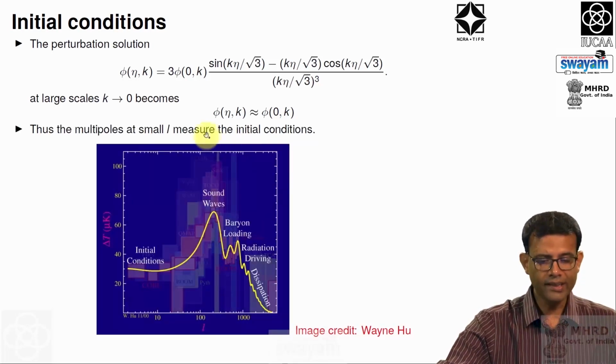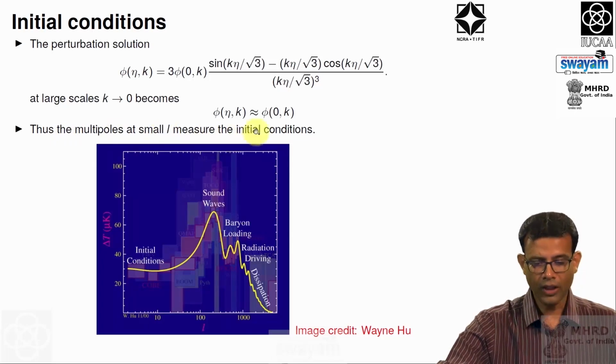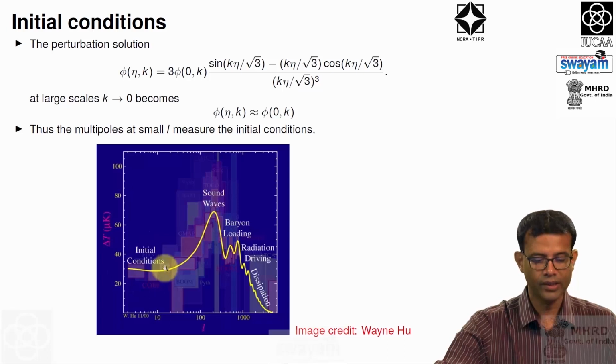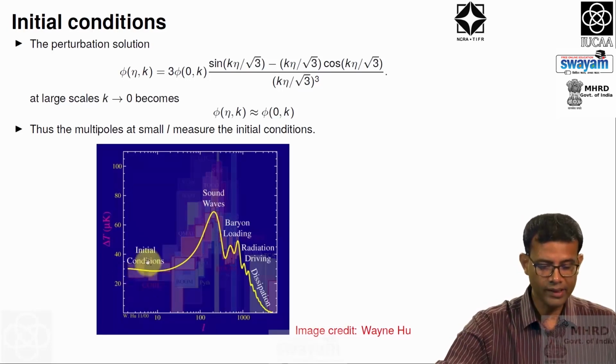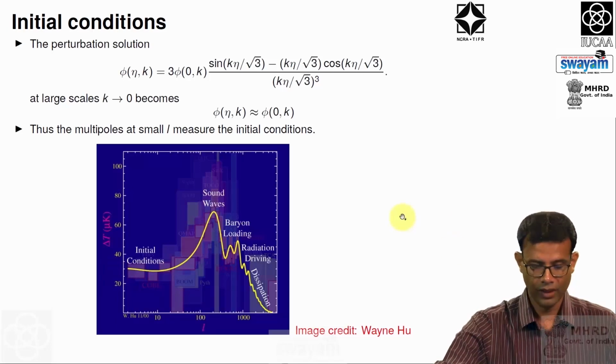So, this basically tells you that the multipoles at small l are actually measuring the initial conditions. This phi at eta equal to 0 is your initial conditions, and that is what is written here. So, this part is essentially driven by the initial conditions. This is a very good probe of the initial conditions of the fluctuations.